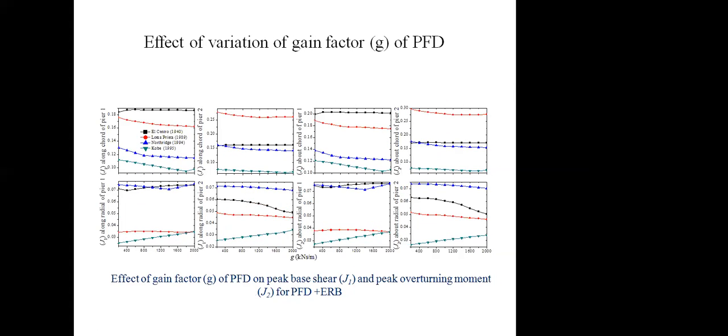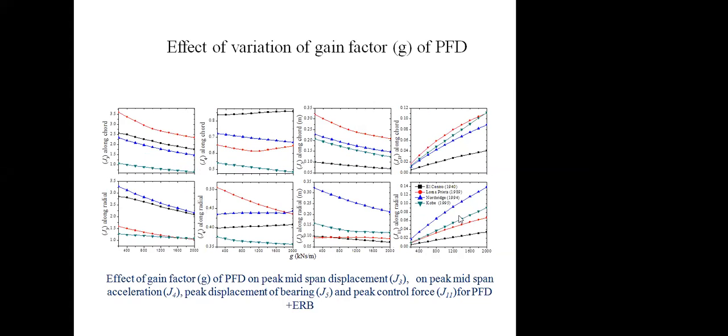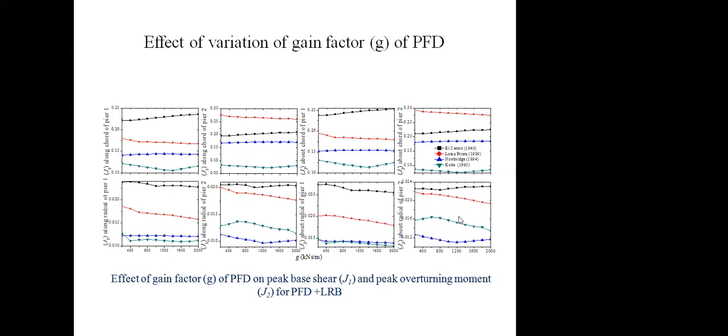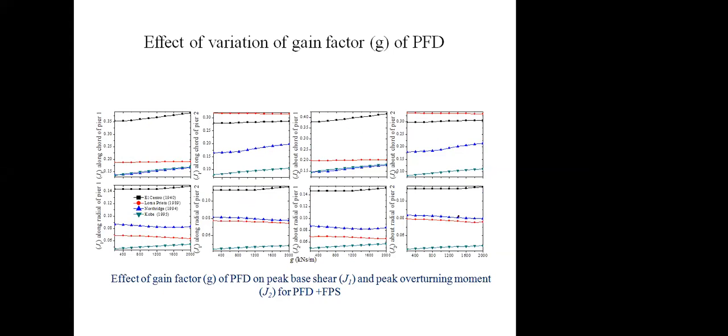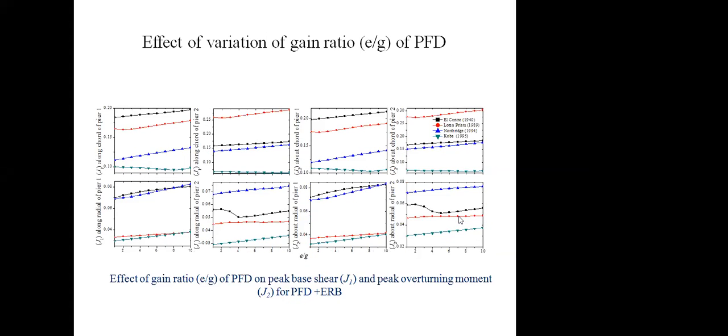Second is the effect of gain factor G. The gain factor varies from 200 to 2000 kilonewton second per meter. We have to study that gain factor and find its optimum value. Then the third one is the variation of the gain ratio, that is E by G, which we also have to study.